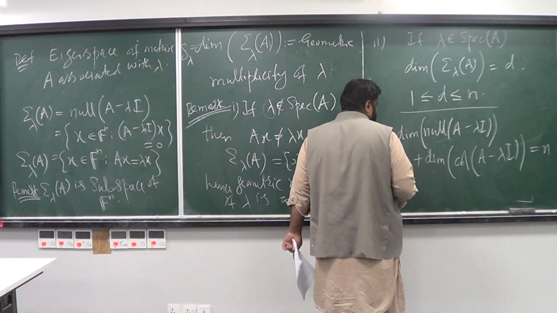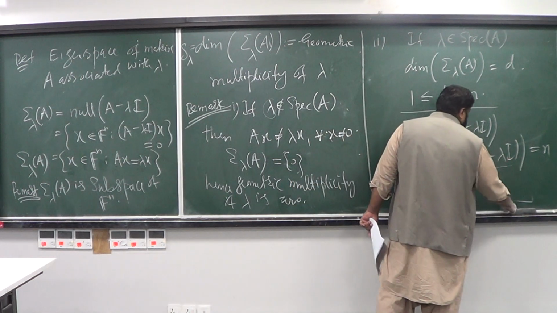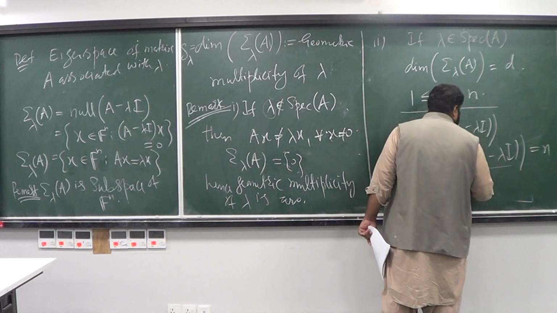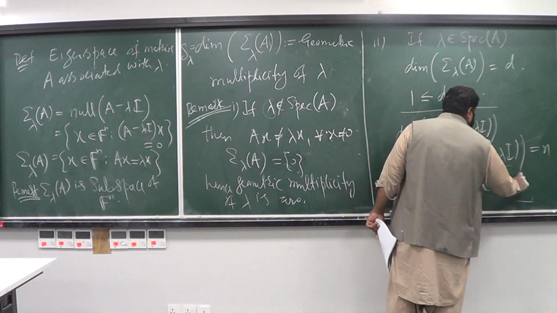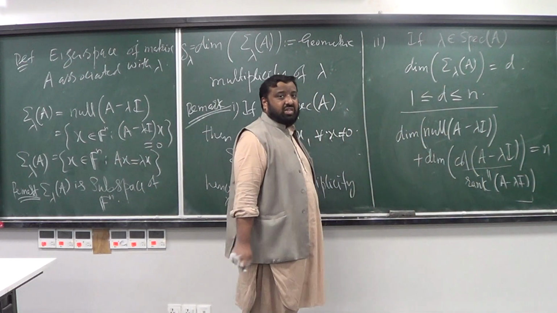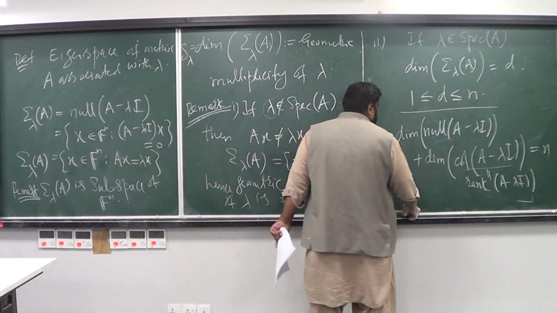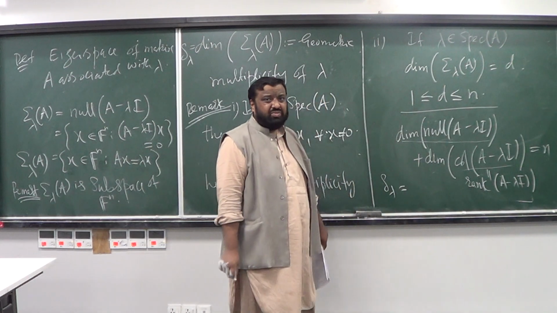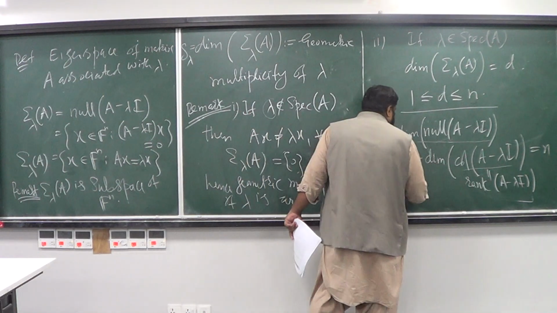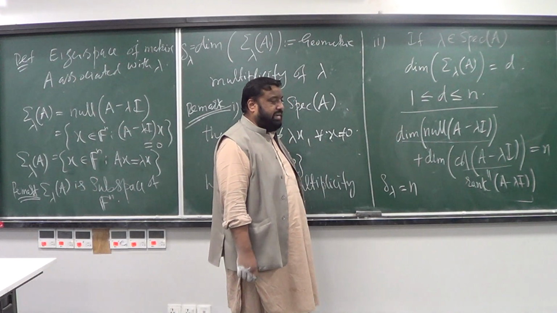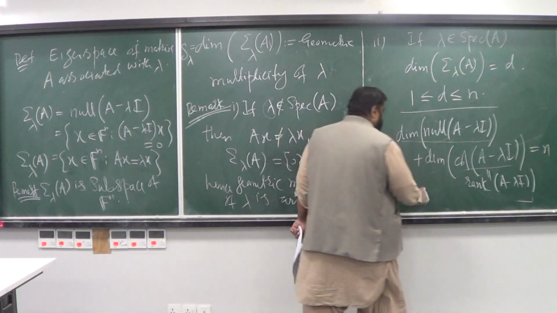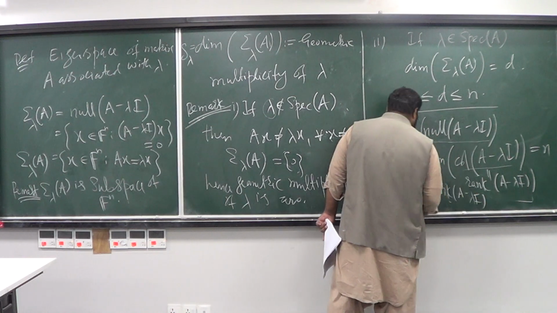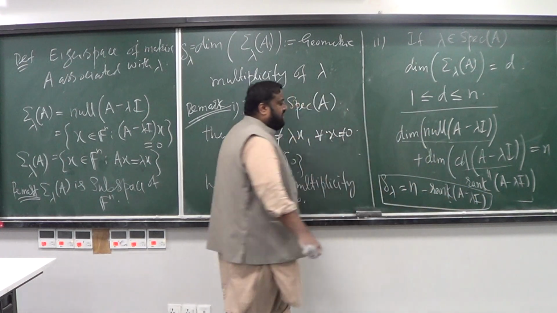By the way, the dimension of the column space of the matrix A minus lambda I is really the rank of the matrix A minus lambda I. Therefore, the dimension of the null space of A minus lambda I, which is G lambda, is equal to n, the dimension of the entire vector space Fn, minus the rank of the matrix A minus lambda I. So the geometric multiplicity is not difficult to find.